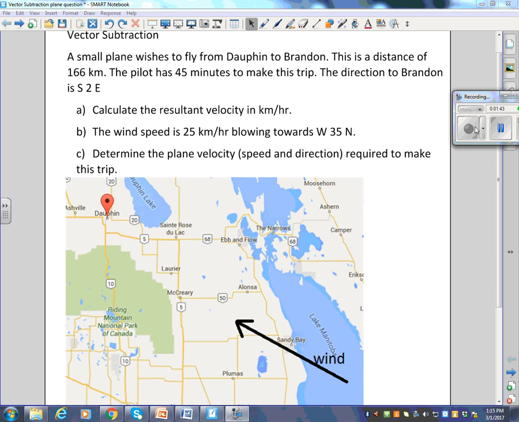Okay, I'm going to read body language, and I'm going to give a hint. You know the distance. It's 166 kilometers. You know the time. Velocity is distance over time, so you've got to find the kilometers per hour.